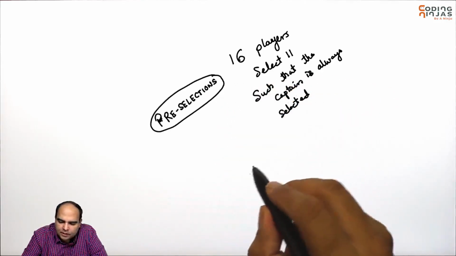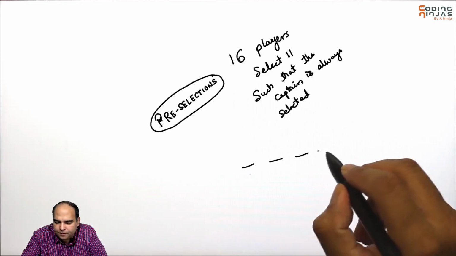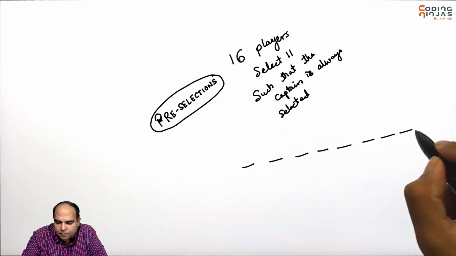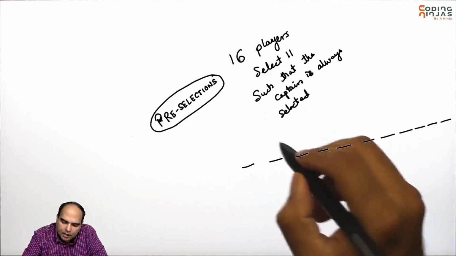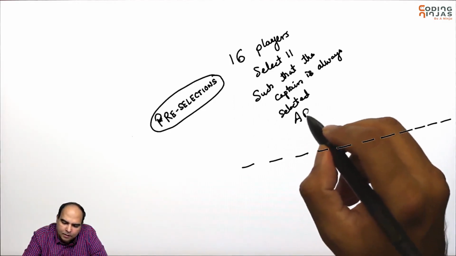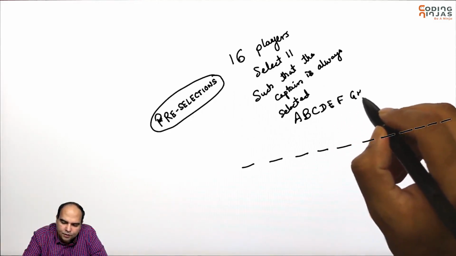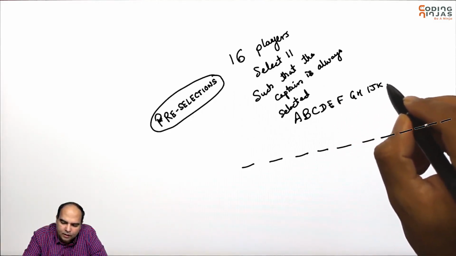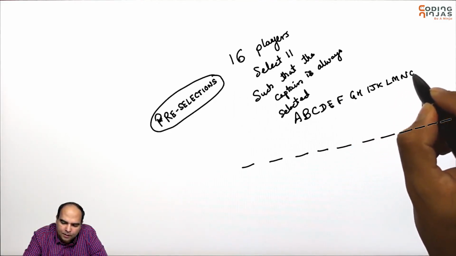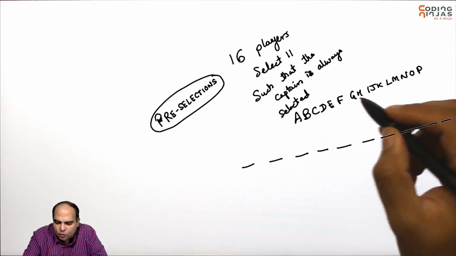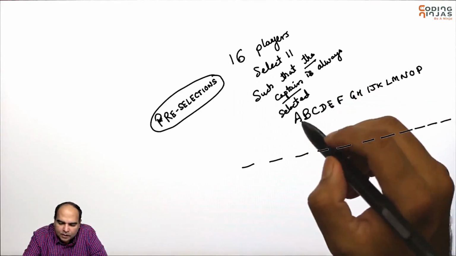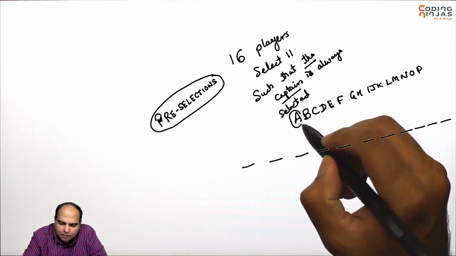So what happens here is that because you have to select 11, and let's say the 16 players that you have are A, B, C, D, E, F, G, H, I, J, K, L, M, N, O, P, and the captain is always selected, so there must be a captain on this team.